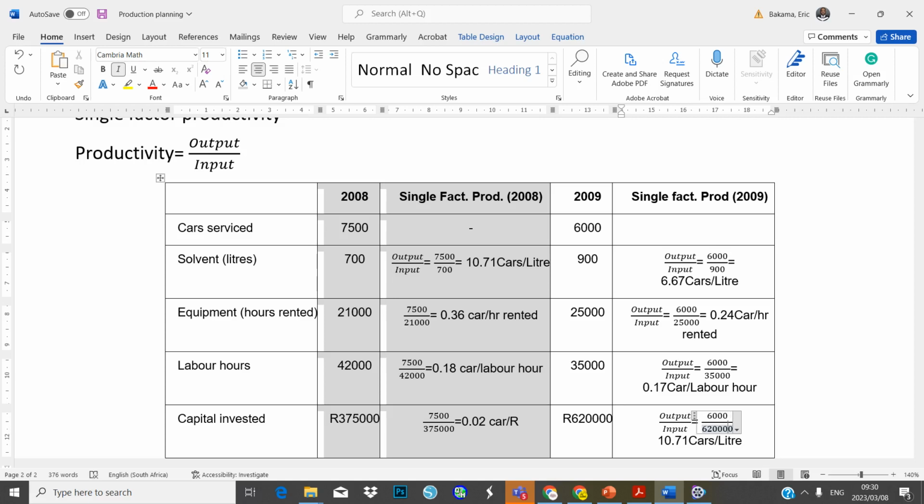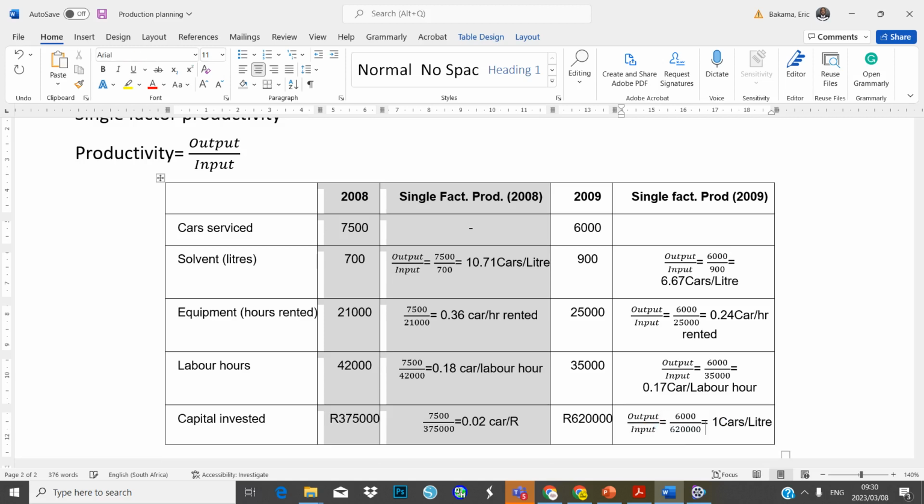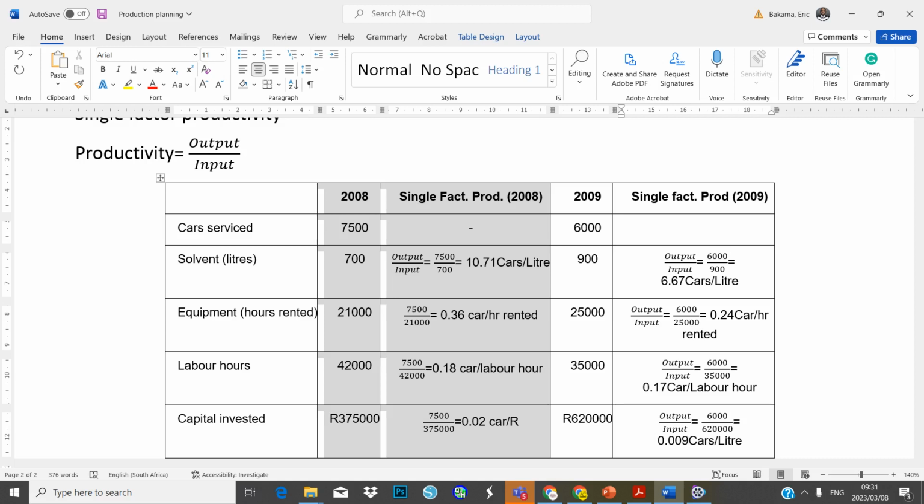So I have 6,000 divided by 620,000, which gives us a value of 0. Remember they said that we should use 3 decimal places. Then it will be 0.0097. Fine, let's put 0.001.